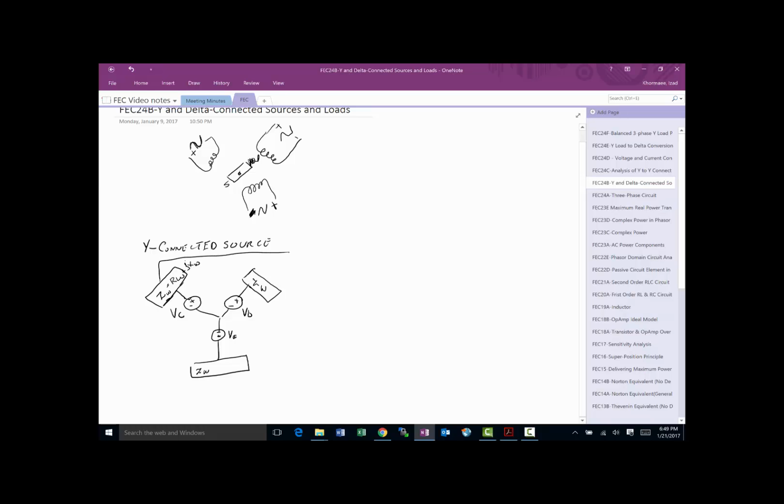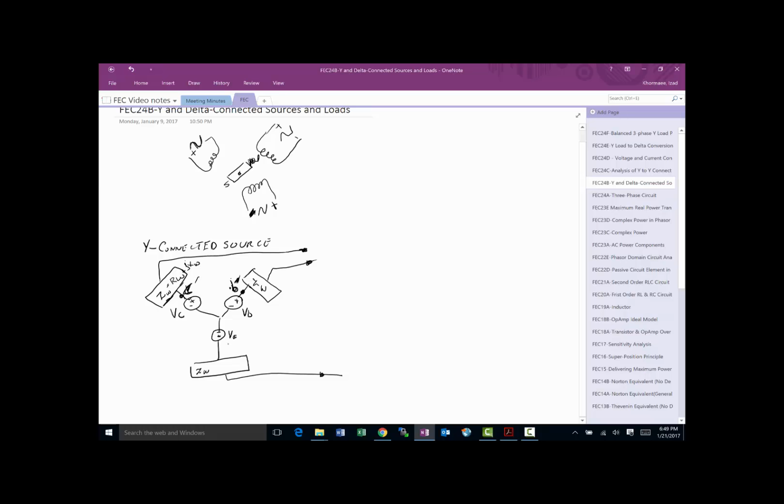So now we've got our sources. The naming scheme is also predetermined by convention. If somebody asks what is VB prime, this little point is referred to with a prime, so we know it's this location, inside the source, because we haven't included the impedance.